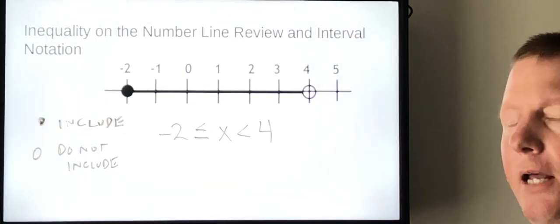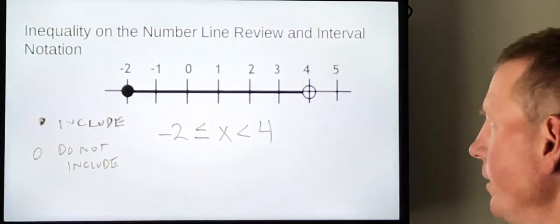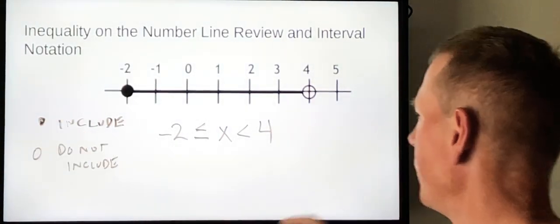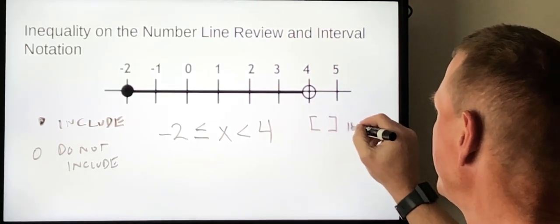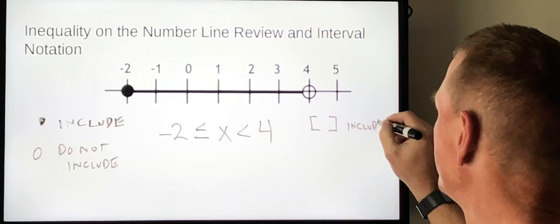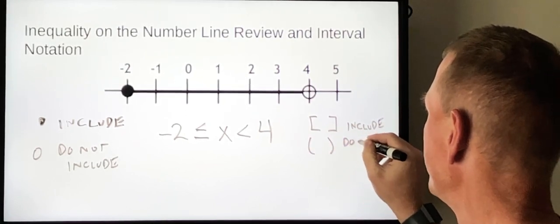Now, how do we write that in interval notation? In interval notation, for the colored in dot, or the numbers we include, we use brackets, so that means to include. And then parentheses means we do not include.